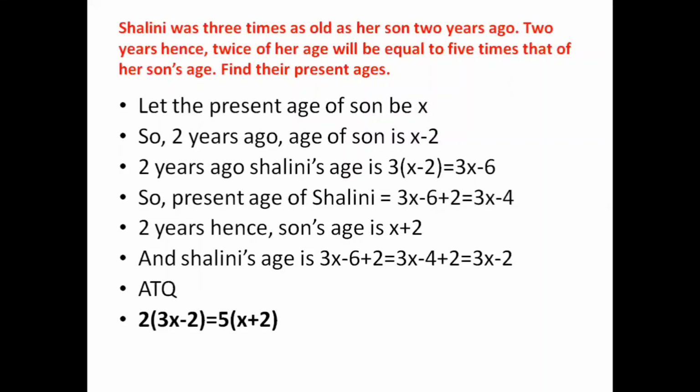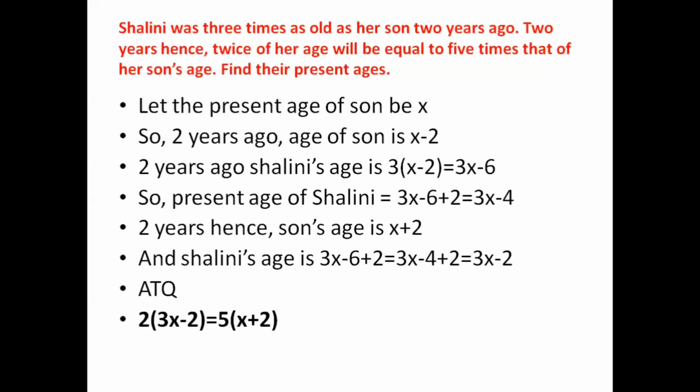Now, as per the question, 2 in bracket 3x minus 2 is equal to 5 in bracket x plus 2. As it is given in the question that 2 years hence, twice of her age, that means Shalini's age. Shalini's age is 3x minus 2 after 2 years, and we have to find out twice of her age.